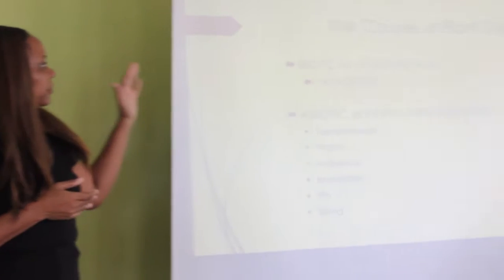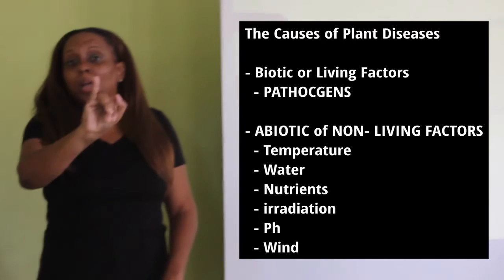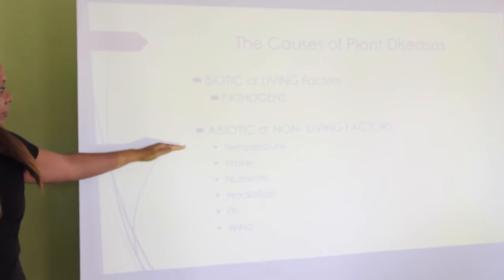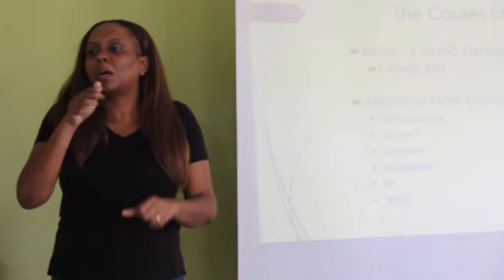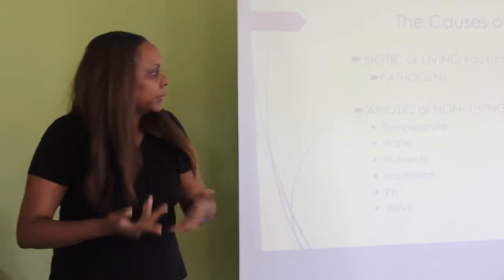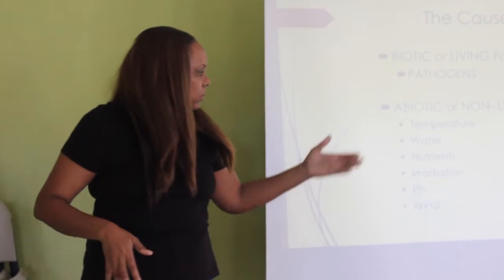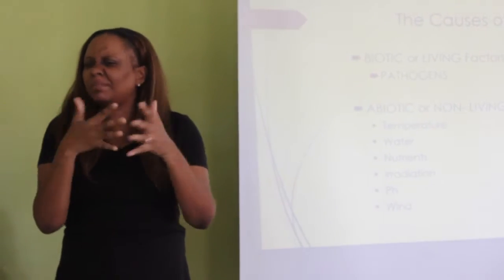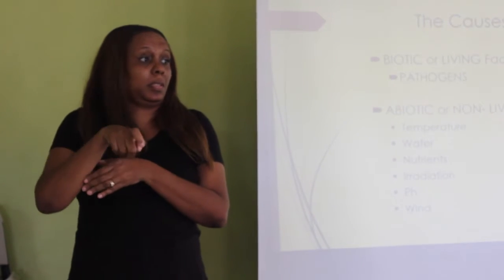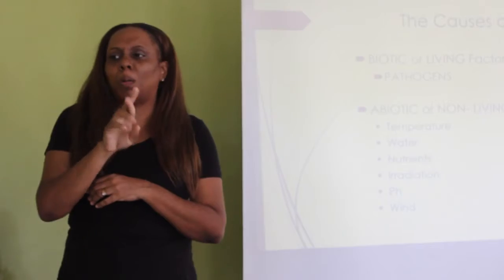The causes of plant diseases are biotic or living factors, and pathogens, as we will see later, or abiotic or non-living factors, such as the temperature, water, nutrients, and the pH. As we learned before, pH is the balance of the conditions of either your water or your soil. Our plants need a pH of between 6 and 6.5.